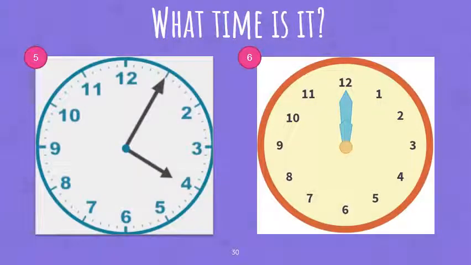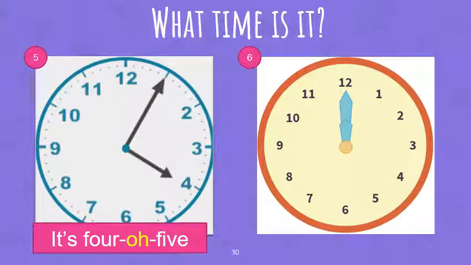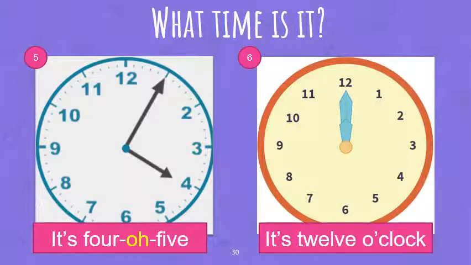Now try the last two, number 5 and number 6. It's 4:05. And number 6, it's 12 o'clock. Remember that we can also say that's noon or it's midnight, depending on the time of the day.